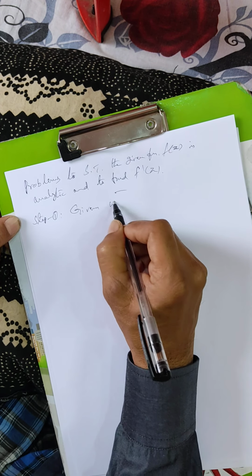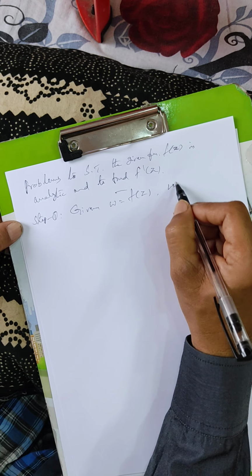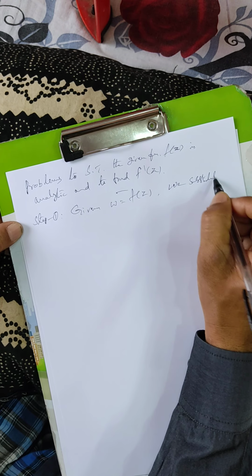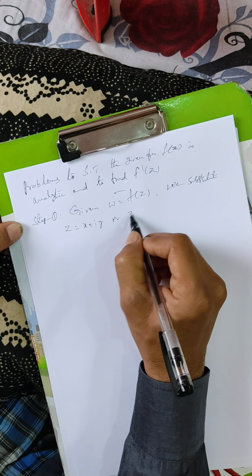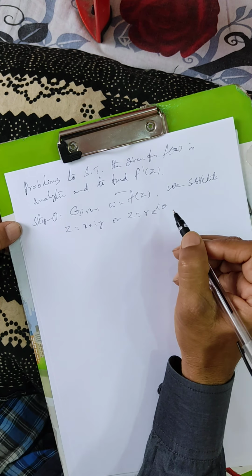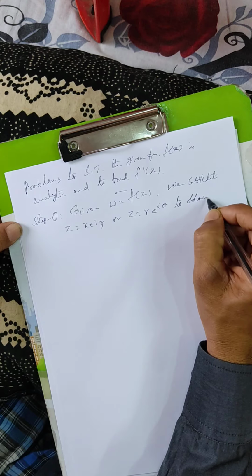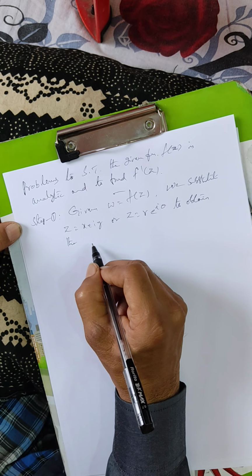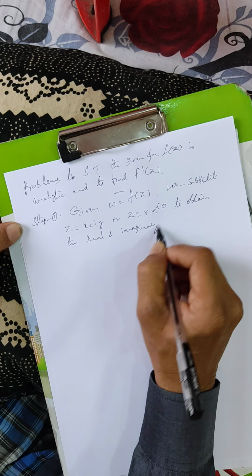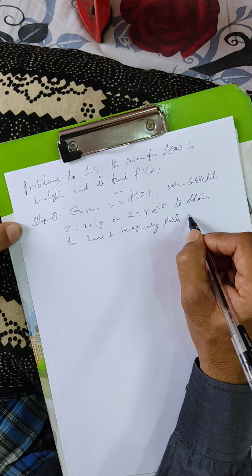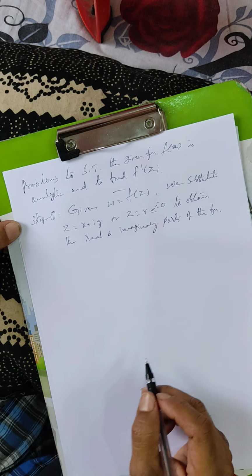Given the function w is equal to f of z, we substitute z is equal to x plus iy or z is equal to r e power iθ to obtain the real and imaginary parts of the function, means u and v.